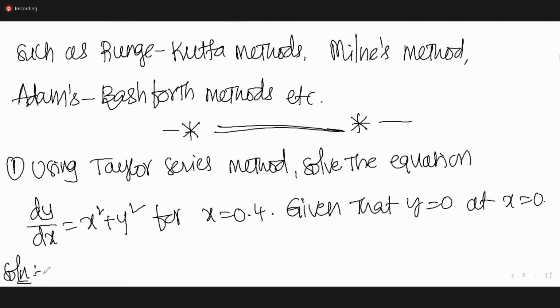Now what is x naught value? X naught value is 0. Y naught value is 0. F of x comma y is equal to x square plus y square.